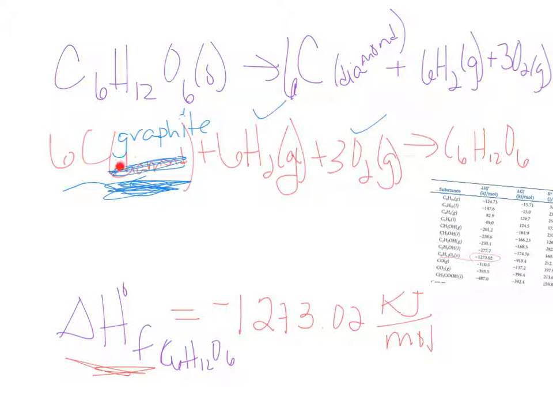This now, the way it's written, is the equation for the formation of glucose, and it would be associated with this much energy being released. One more thing.